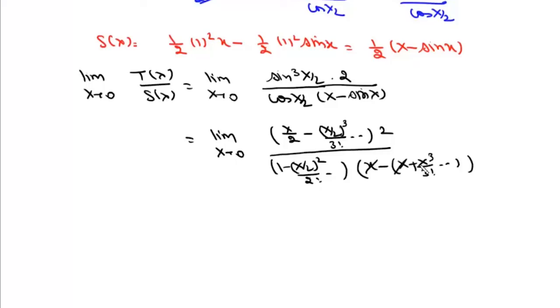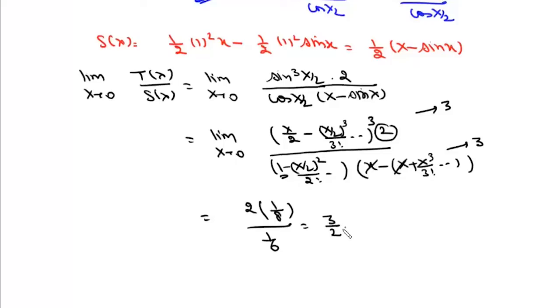Now x and x will cancel, it will be plus, and we have this power 3 here. The minimum power of x in the numerator is 3 and the minimum power of x in the denominator is also 3. So the answer to this limit is the coefficient of x cube. The coefficient of x cube in the numerator will be 2 into x upon 2 whole cube, so it will be 1 by 8, and here it will be 1 into 1 by 6, which is 6 by 4, and that is 3 by 2. So this limiting value is 3 by 2, and that is the answer to this question.